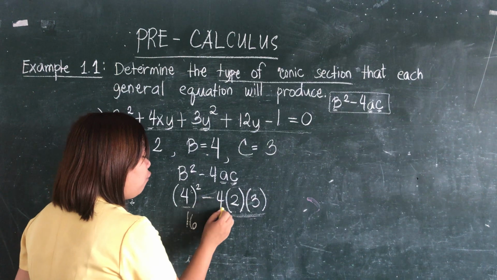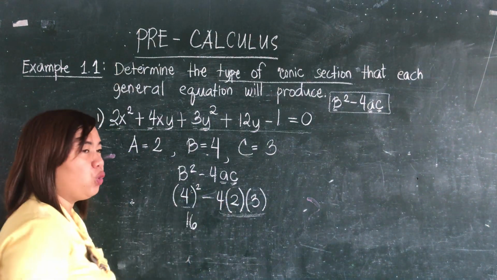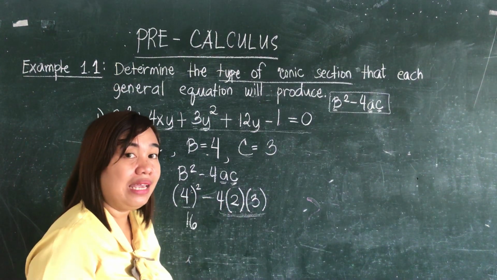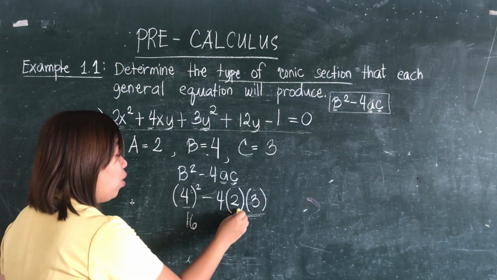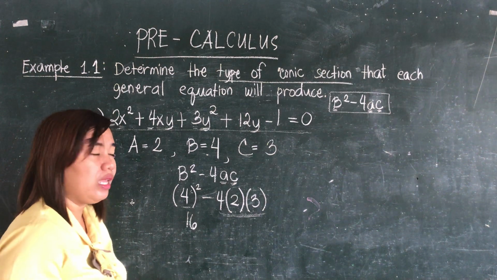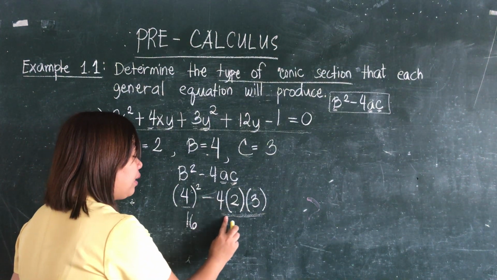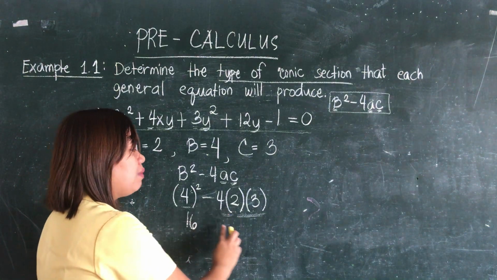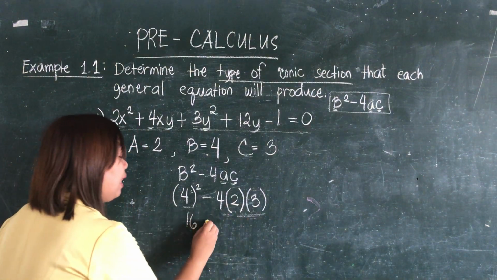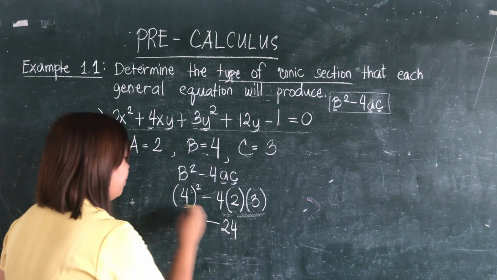So negative 4 times positive 2, we will get negative 8. Negative 8, then you multiply that again to 3. Negative 8 times positive 3 is negative 24.